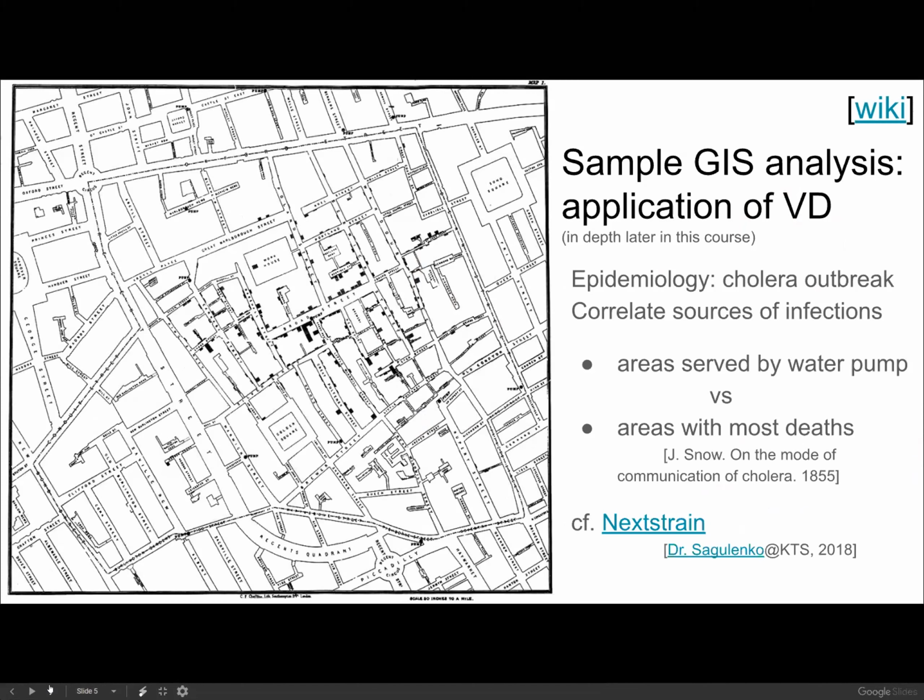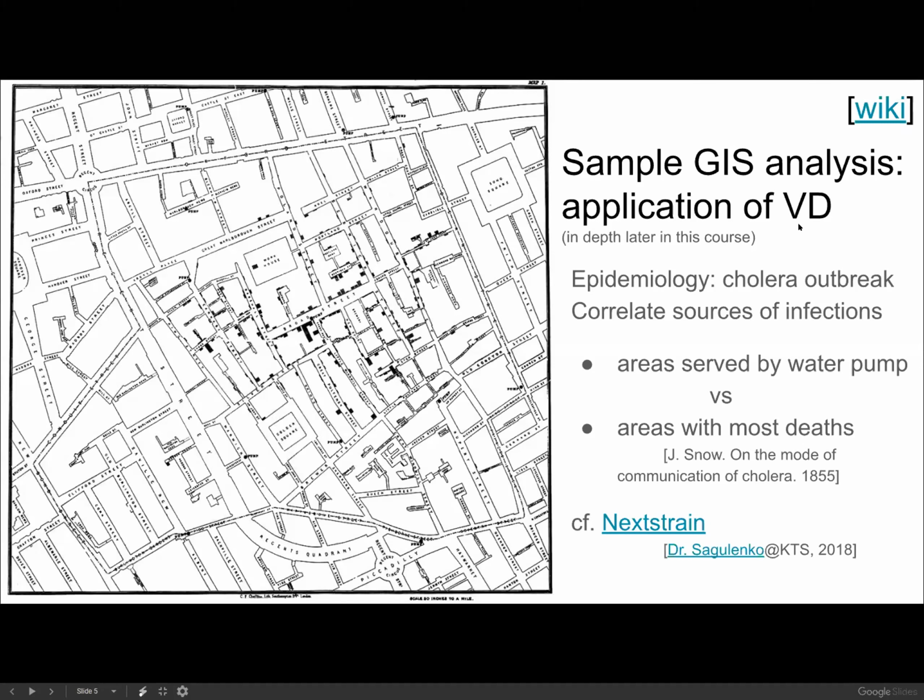One example of GIS analysis is the application of the so-called Voronoi diagram, and this is something that we will study in depth today. It is the epidemiological analysis, not looking at the recent events, that's quite an old development. So looking at a cholera outbreak, understanding from where the different people got infected.